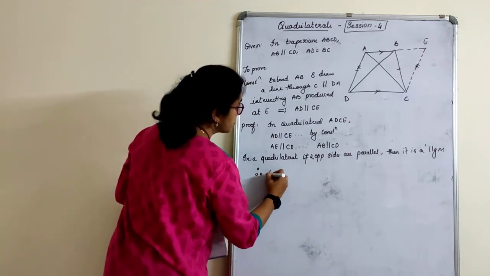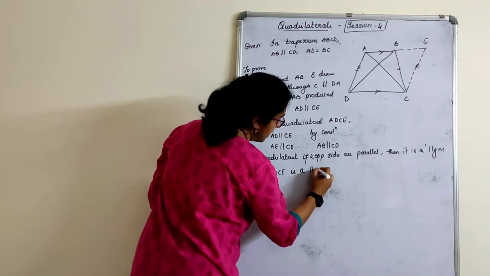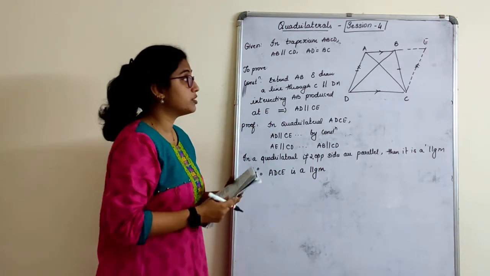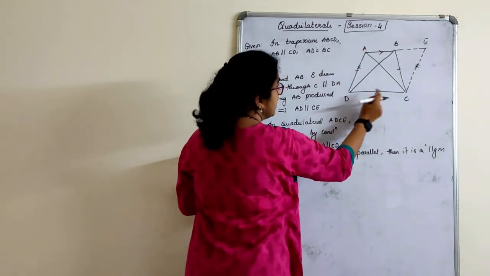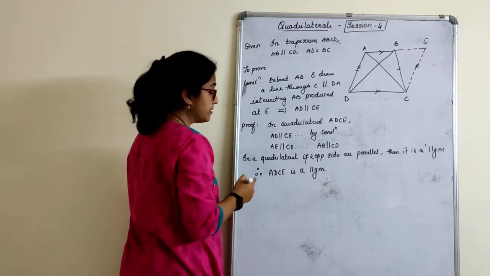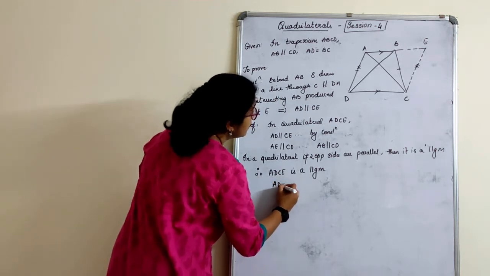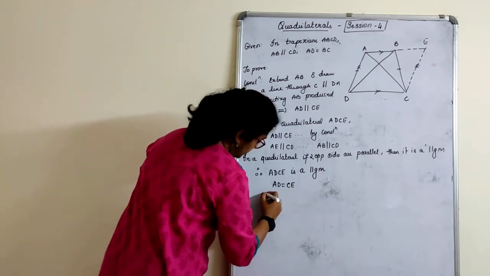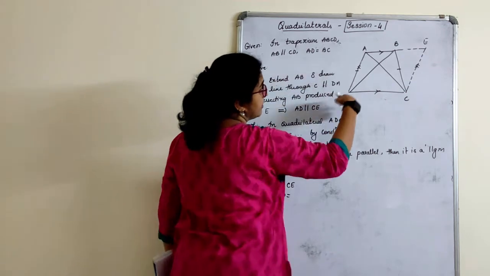Therefore, ABCE is a parallelogram. They have not asked us in the proof, but that is required for us to solve the sum further. Now, hence it is a parallelogram. Can I write the opposite sides which are equal? Okay, we will write AD is equal to CE, right? But AD is equal to what, children, in the given? BC.